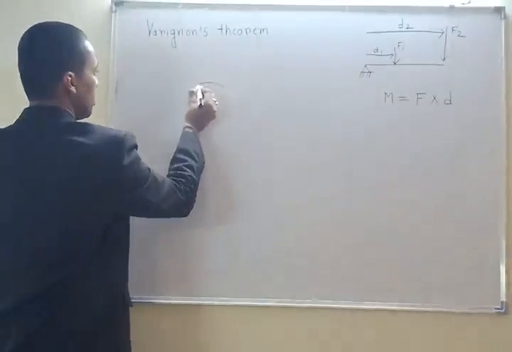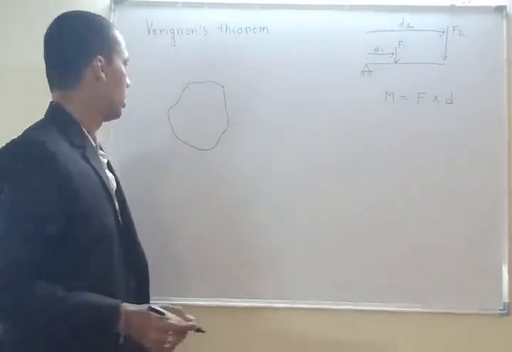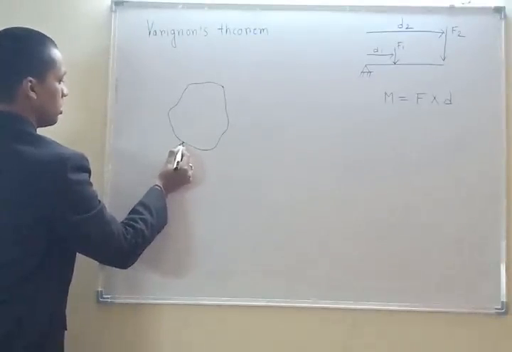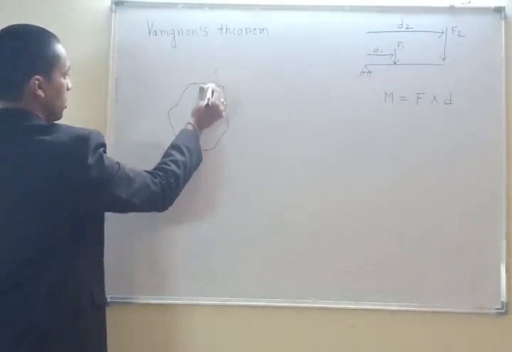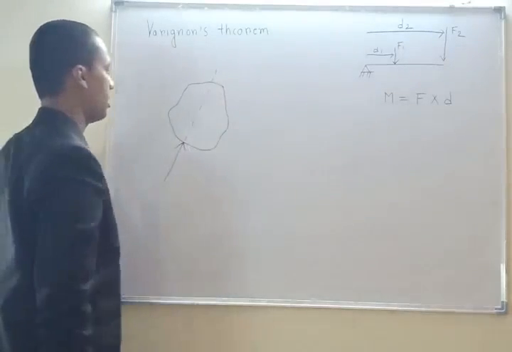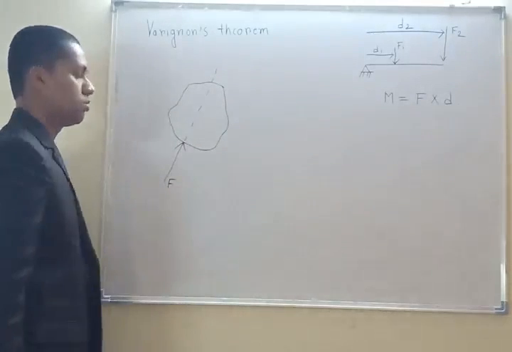If this is one body and I am giving some force in this portion, okay, this is the line of action of this force F. This is the force F.